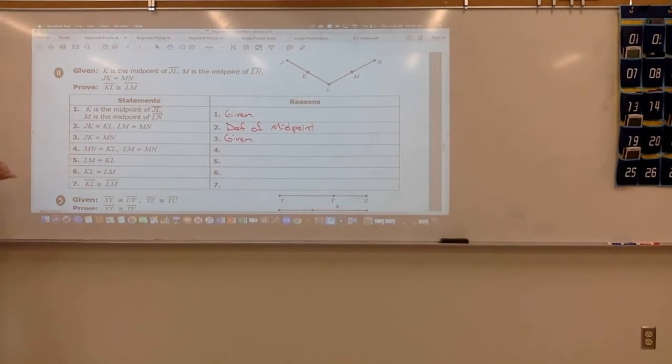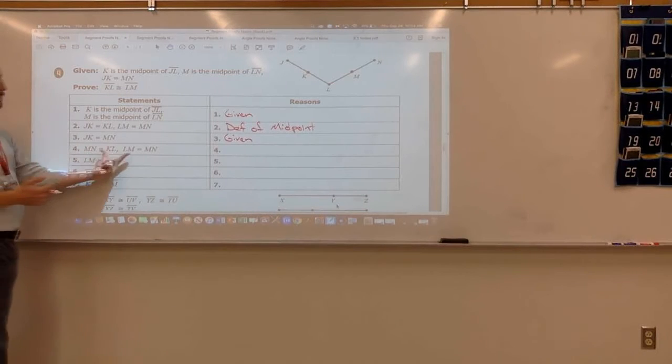Right? Then we were given line 3 as well, JK and MN. So we're given JK is equal to MN.